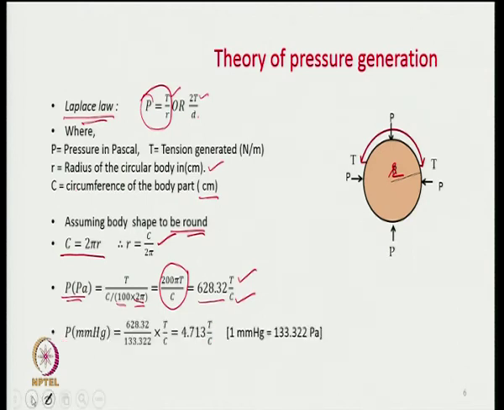So, that is how we can calculate, and if we want to convert this Pascal to millimeter Hg, which is mostly reported in the case of pressure garment, then we must establish a relationship between these two.